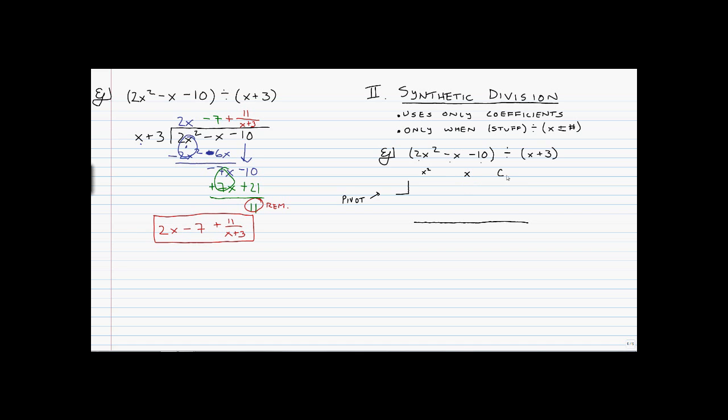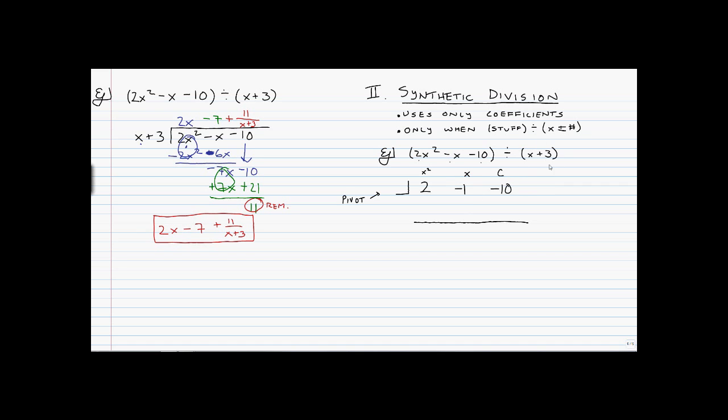And right here the coefficient of the constant, or the constant itself really. What those are: I see 2, I see negative 1, because negative x is the same thing as negative 1x, and then the constant is negative 10. Notice we need to keep the signs with it. We have to have them there so that we can distinguish between positive or negative. Okay, so we've got the first table, we've got the coefficients.